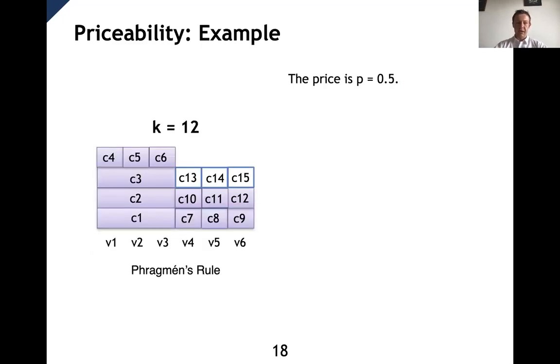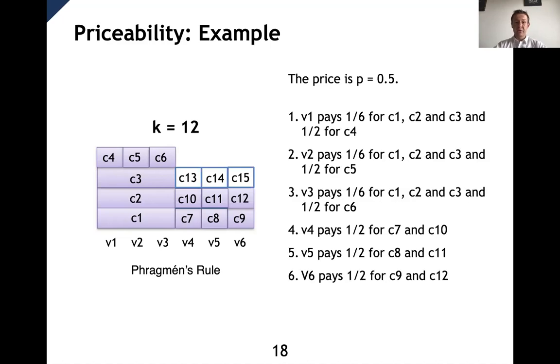For example, we can see that this committee returned by Phragmén's rule in our previous example is priceable, and the corresponding price system would be the following. We can set the price p equal to half of a dollar, and voter V1 can pay 1/6 for candidates C1, C2, C3, and half of the remaining budget to C4.